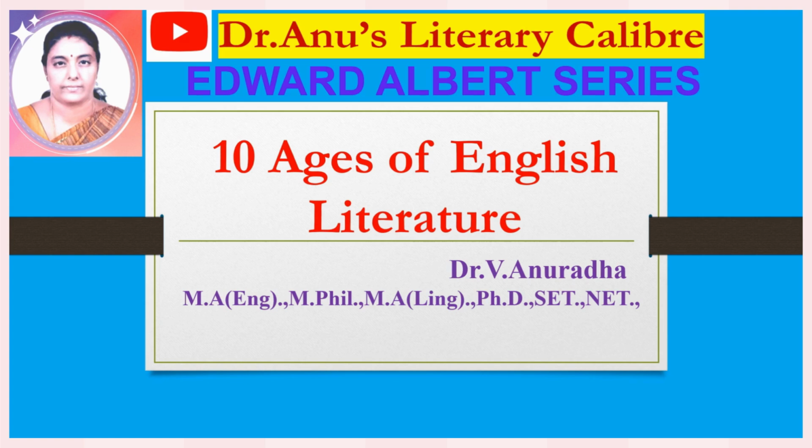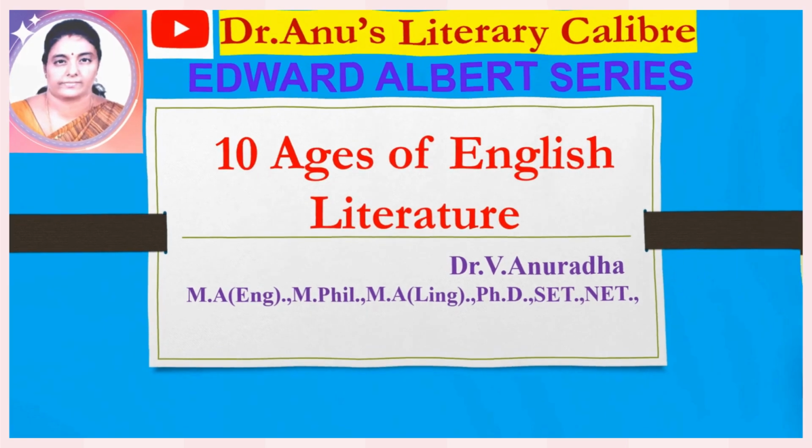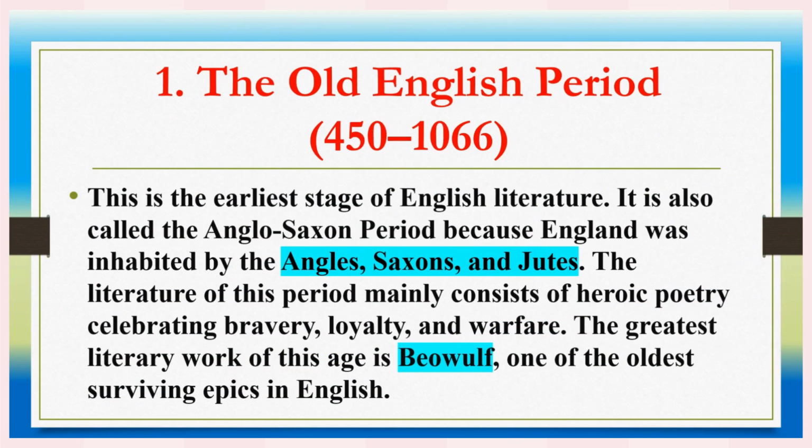Every age reflects the political, social, religious and cultural conditions of its time. Therefore, understanding these literary periods helps us appreciate why writers wrote in a particular style and why certain themes became popular. In this video, let us get a bird's eye view of the 10 ages of English literature.